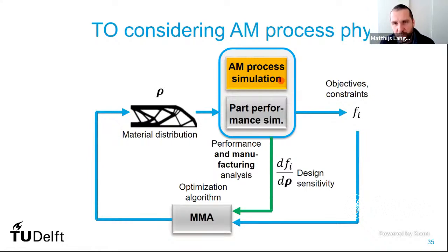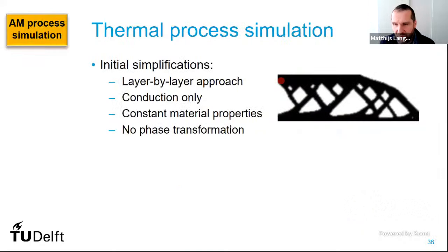Now, this is a quite expensive proposition because AM process simulations tend to be quite computationally involved. So in order to make it possible to do something like that within an optimization loop, we have to apply some simplifications.